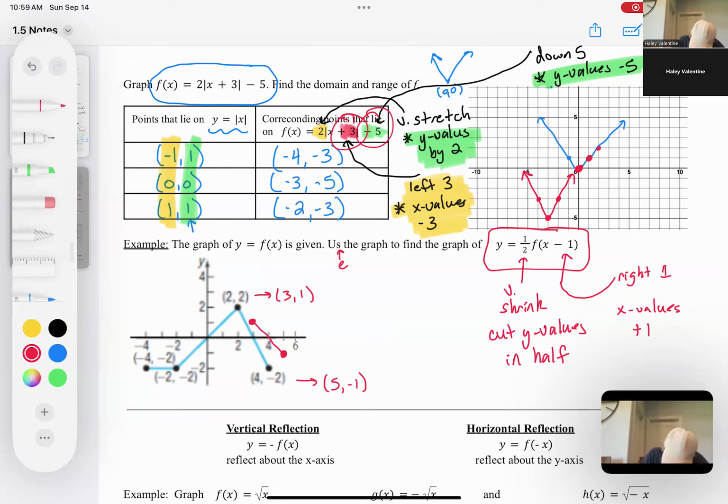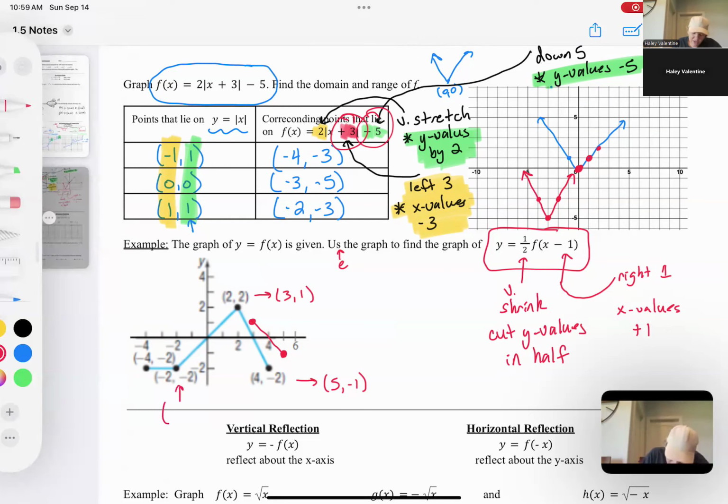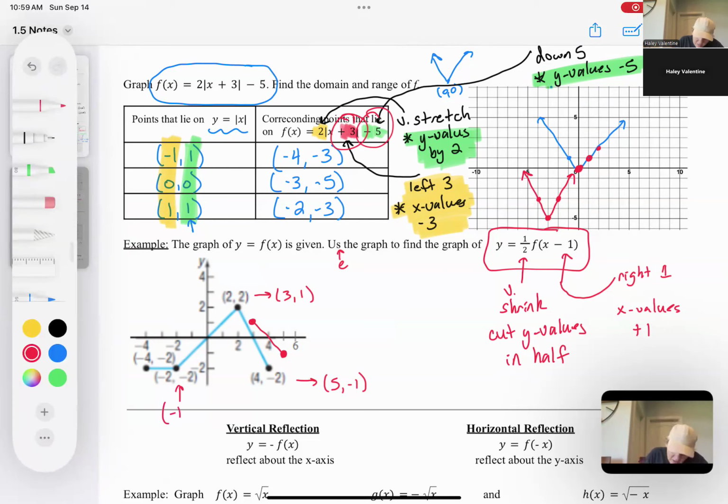Okay, this point right here, -2, -2, to the x value, I add 1, and to the y value, I cut it in half. So -1, -1. And then this last point here, to the x value, I add 1, and to the y value, I cut it in half. So -3, -1. Okay, so now when I connect these, notice it's still a function, right?